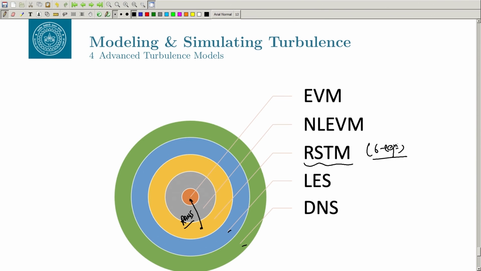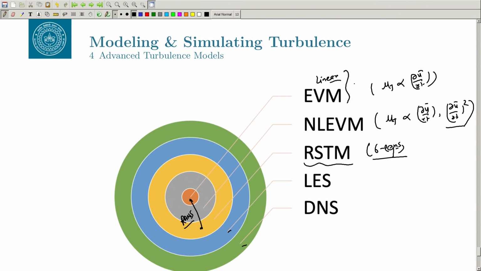And then you have the nonlinear eddy viscosity model, because your mu t is proportional not only to del u by del y, but also del u by del y square and so on. And the least expensive is basically mu t proportional to del u by del y, which is the linear eddy viscosity model, which we have in this case.